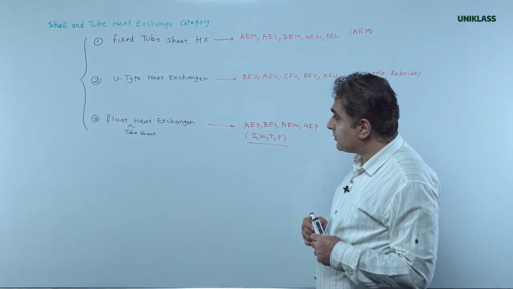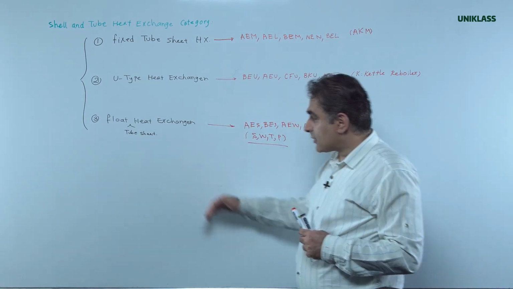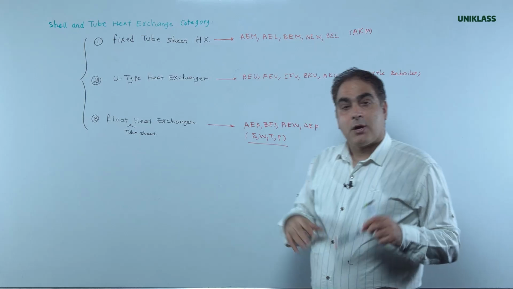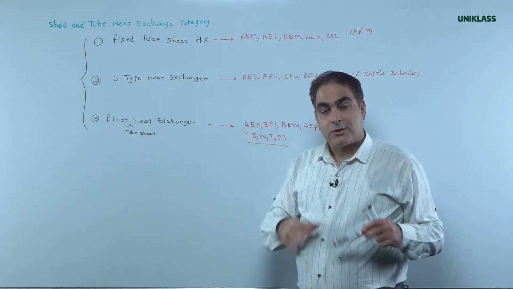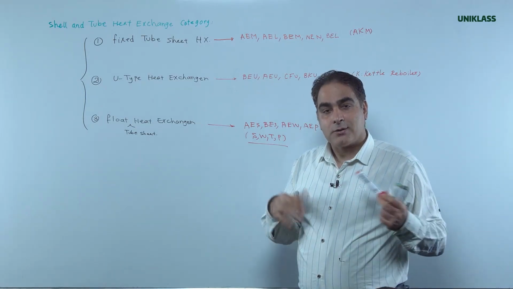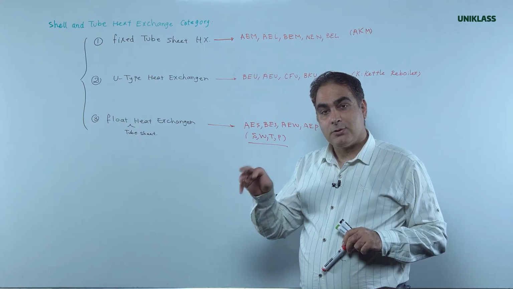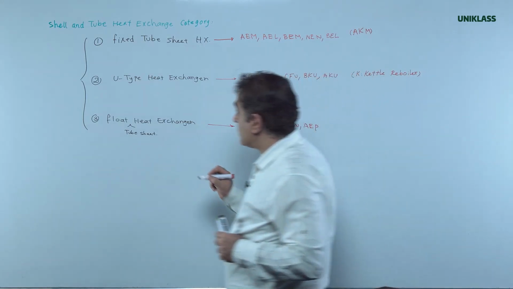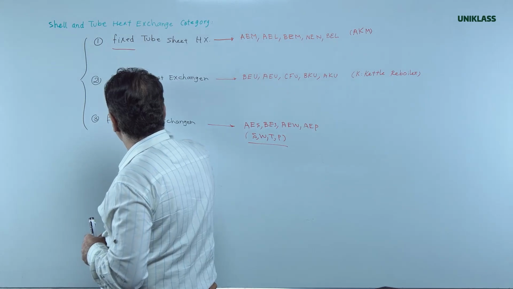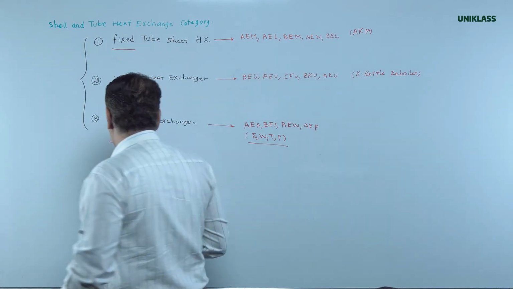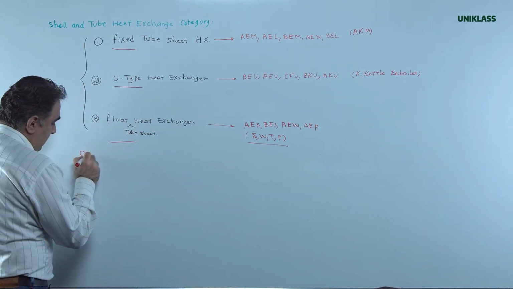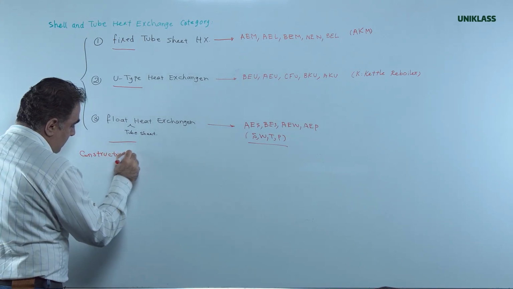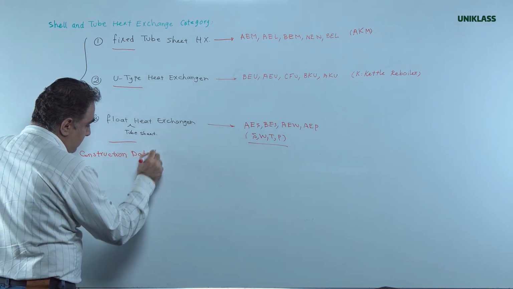In the case of fixed tube sheet, U-type and floated heat exchanger, TEMA gives us the information about the type. The shape and schematic are available, but size is not available. Size is the duty of the process engineering team. Therefore, for fixed tube sheet, U-type, or floated, we shall know the construction data for every type of heat exchanger.